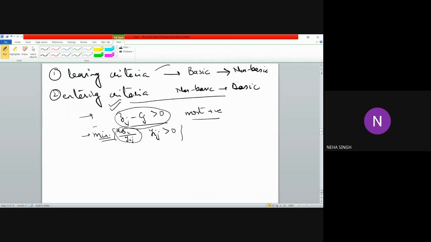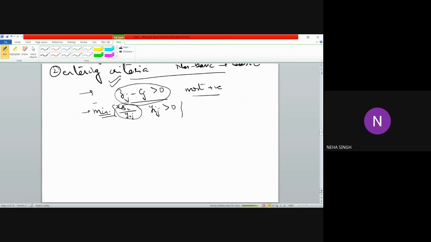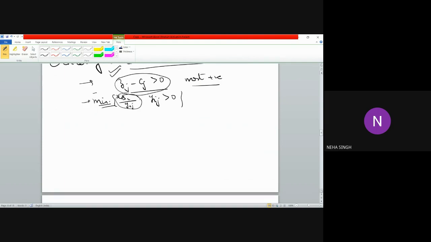Okay, so in a way, to remember this, when we go ahead, I'll make you write it again. But what we have proved so far is that we move from one basic feasible solution to another basic feasible solution. So in a way, we are moving from one extreme point to another extreme point.